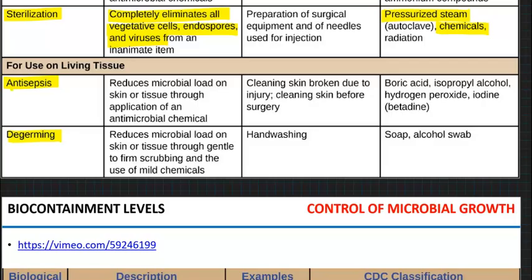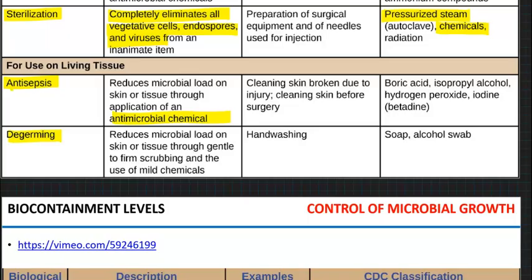Antisepsis is effectively a chemical way to kill microorganisms. Okay? So, see antimicrobial chemical here? So application of hand sanitizer, application of chlorhexidine, scrubbing into the surgery, okay? Scrubbing using betadine or chlorhexidine, all of that is examples of antisepsis.